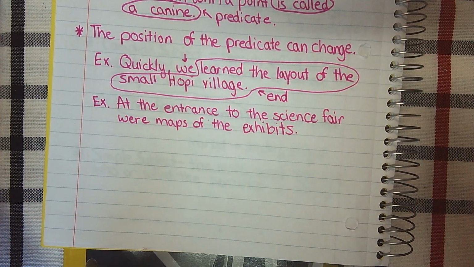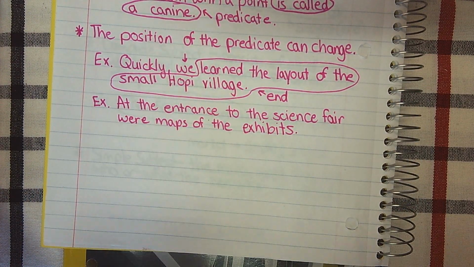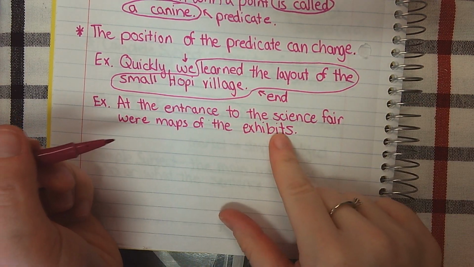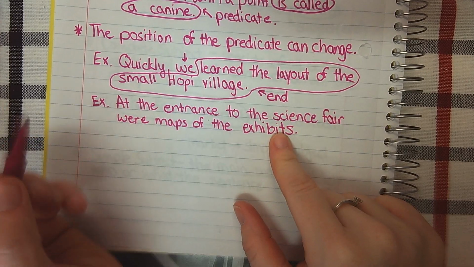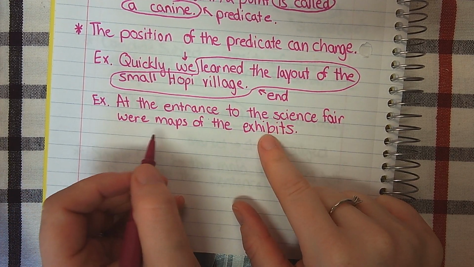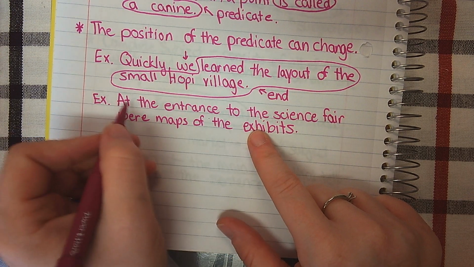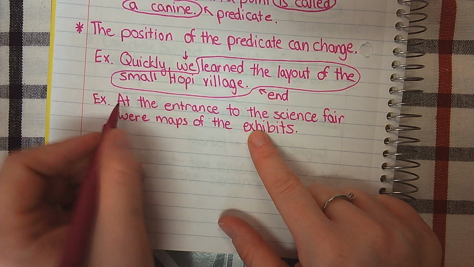Okay, so what is the subject of the sentence? The subject is maps of the exhibits. It's telling us what the sentence is focusing on. So if this is the subject, what is it telling us about it? It's telling us where they're located. At the entrance to the science fair were.